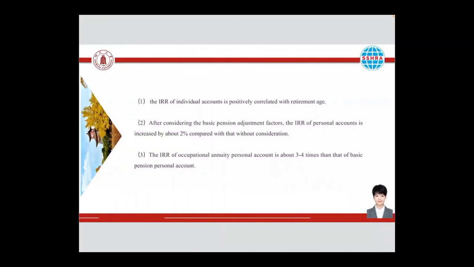Second, after considering the basic patient adjustment factors, the IRR of personal accounts is increased by about 2% compared with that without consideration. Third, the IRR of occupational annuity personal account is about 3 to 4 times that of basic patient personal account.